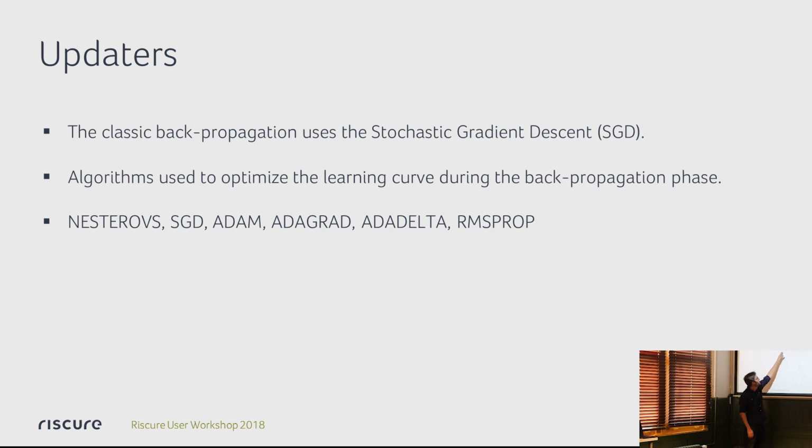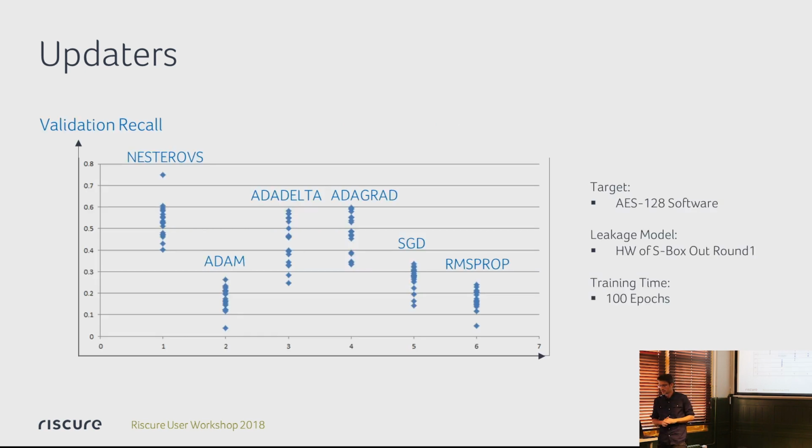The third one here, Adam, was proposed, I think, two years ago, and it's already very popular in the community. But it doesn't mean that a new method is better, and as I will show in this slide, for the target I'm attacking, using different algorithms for the backpropagation provides different results. So this is there for a reason, and also in the frameworks we use.